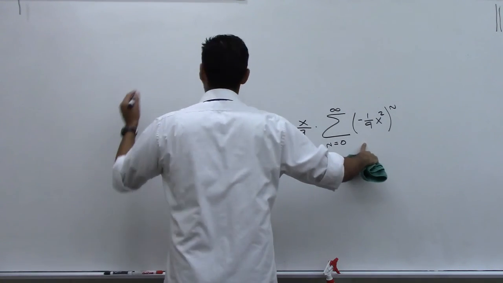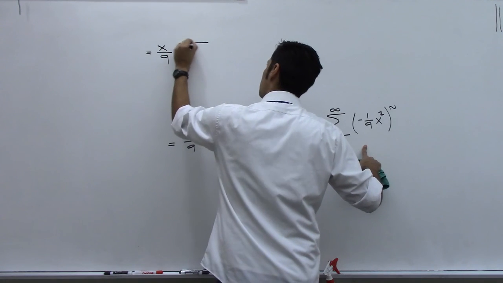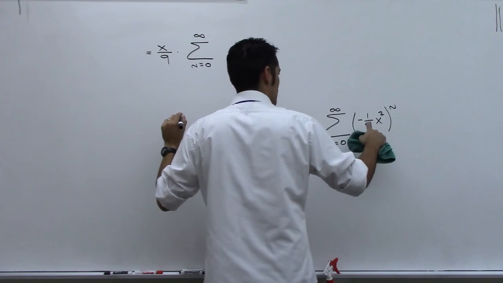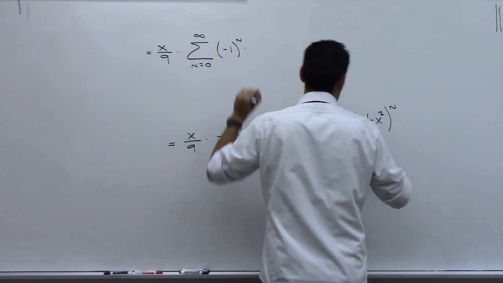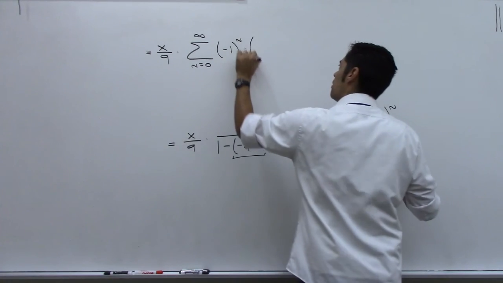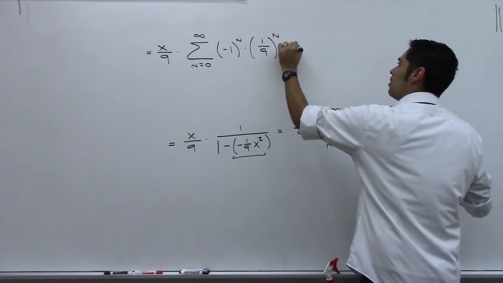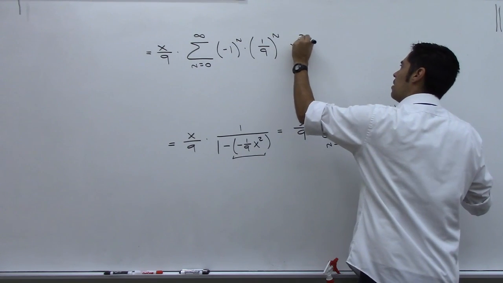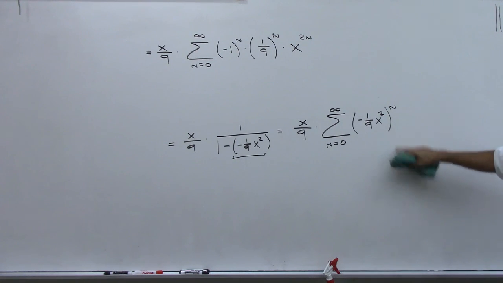This is x over 9 times the sum n equals 0 to infinity. The negative out here I'm going to represent with a negative 1 to the n. The 1/9 I'm going to represent as 1/9 to the n. And then the x squared to the n I'm going to represent as x to the 2n. So that's just all this split up.